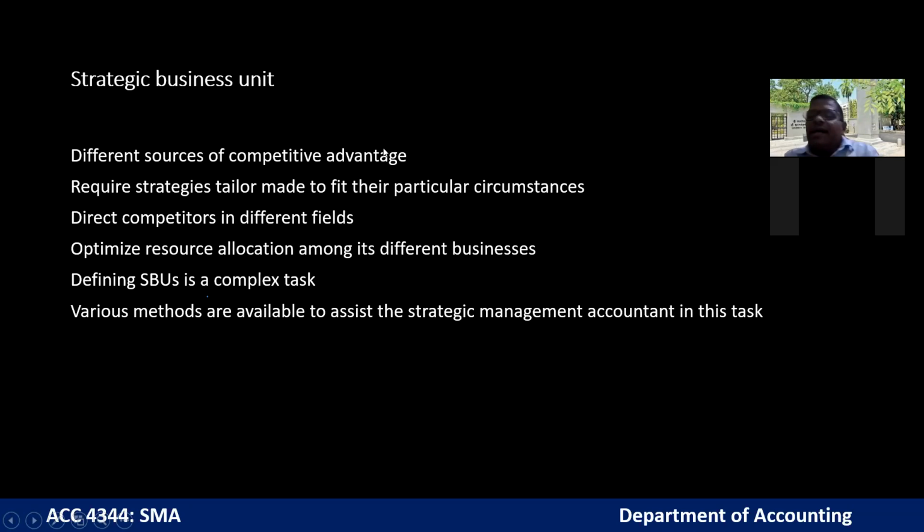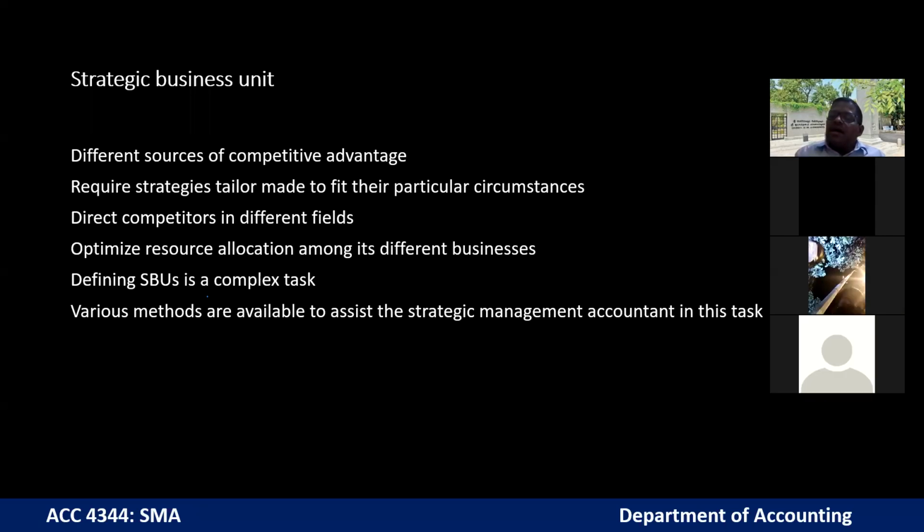When you look at a strategic business unit, you should have the competitive advantage. Competitive advantage means in which areas you can perform better than the others. That's called competitive advantage. There are different sources.